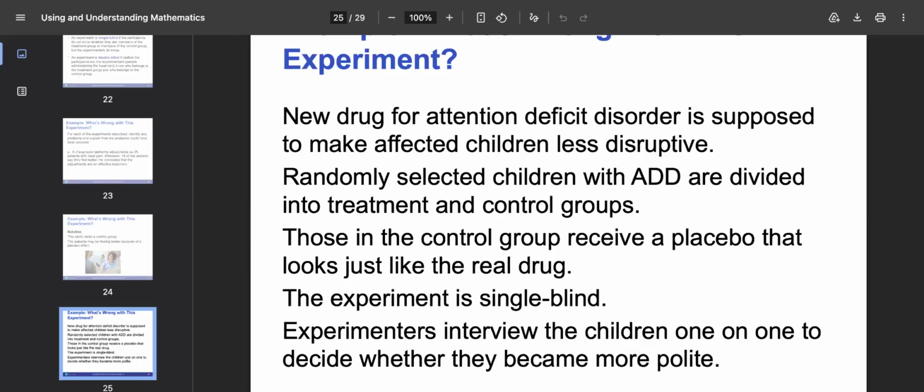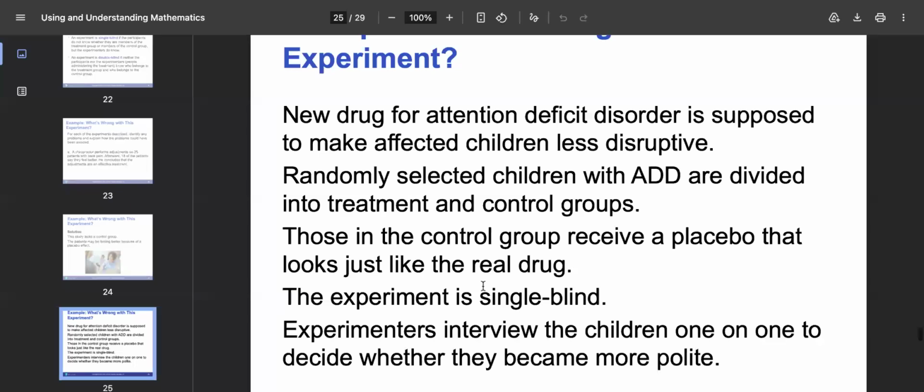There's some kind of randomness to this, which makes it better. Those in the control group receive a placebo that looks just like the real drug. Also good. The experiment is single blind, which means that the person doing the experiment knows, but the kids don't know who got the real pill and who got the fake pill.